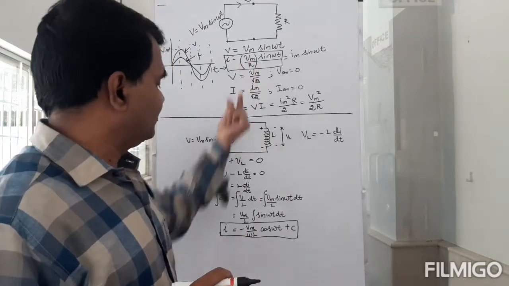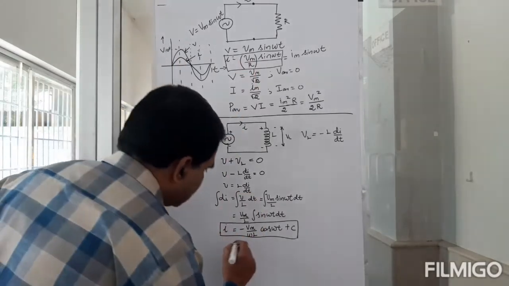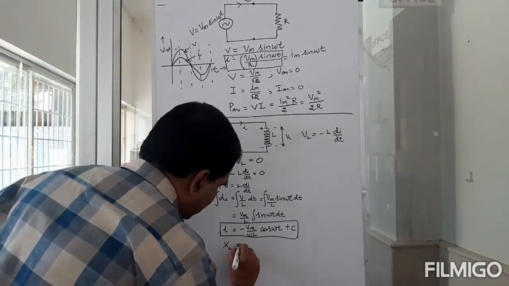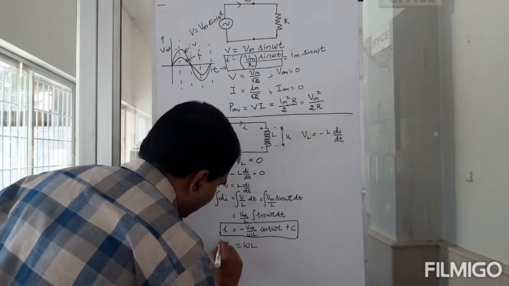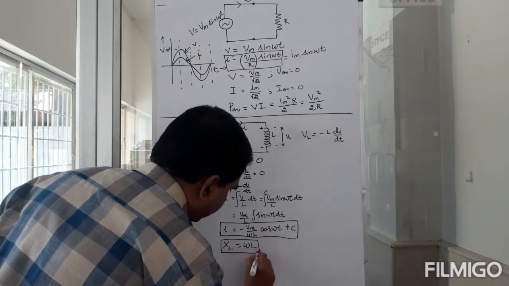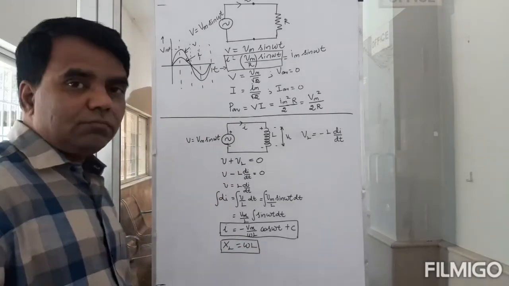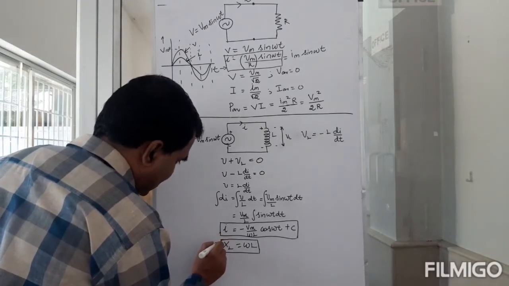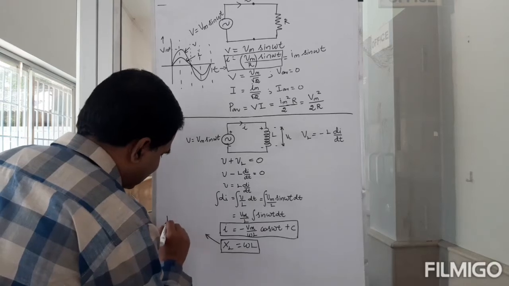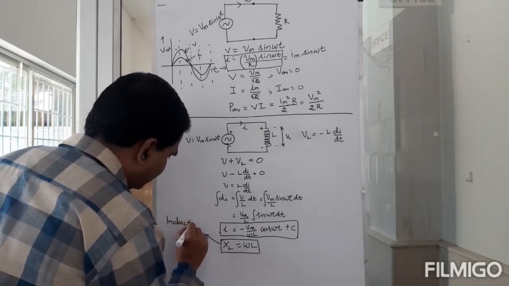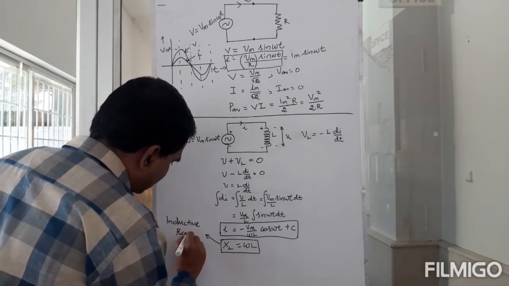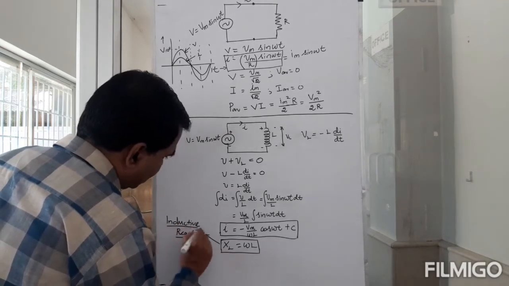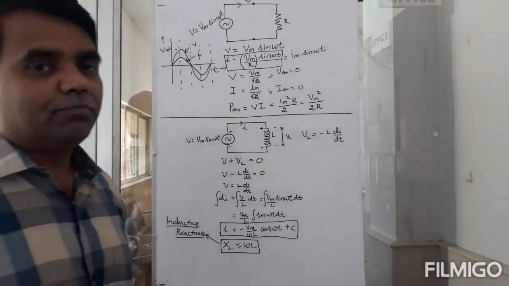This omega L, I will call that XL. XL is equal to omega L. And XL is called inductive reactance, not resistance. Inductive reactance. That is your XL.